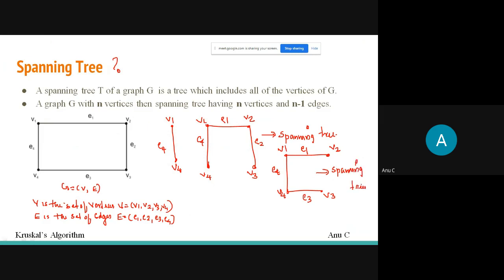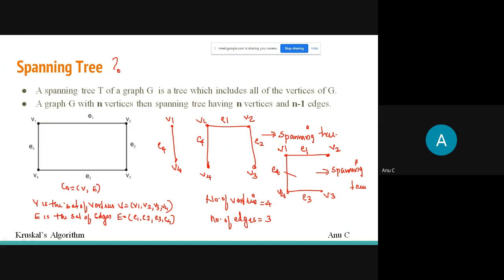So we can construct a number of spanning trees from the given graph. Then compare these two spanning trees. Here the number of vertices equal to 4, that is same as in the graph. And the number of edges equal to 3.